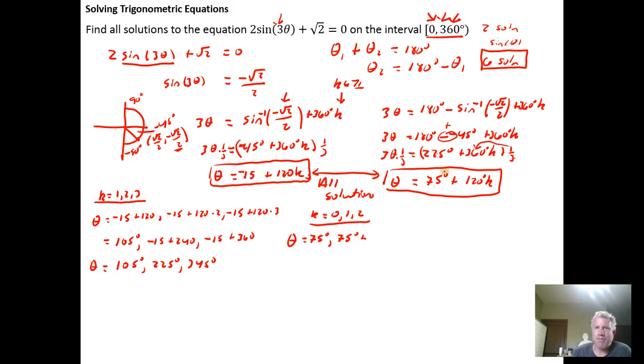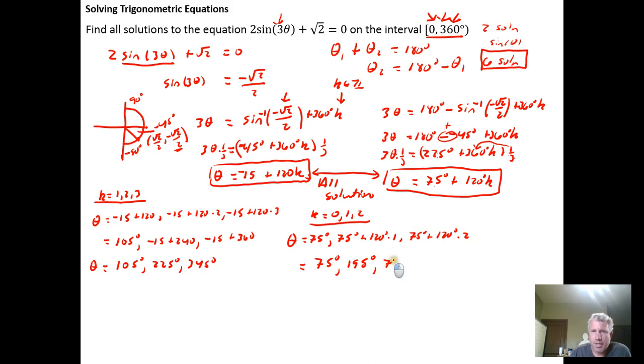So it's going to be 75 degrees plus 120 degrees times 1. And it's going to be 75 degrees plus 120 degrees times the 2. And then we do some simplifying. 75 degrees plus 120 times 1 is just 120. So 75 plus 120 is 195 degrees.